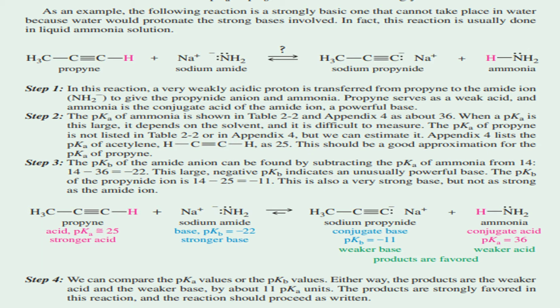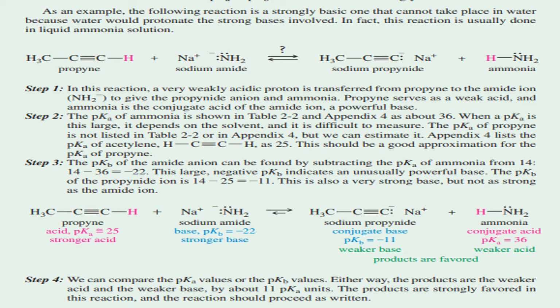When a pKa is this large, it depends on the solvent and it is difficult to measure. The pKa of propyne is not listed in the table, but we can estimate it. The table shows the pKa of acetylene as 25. This should be a good approximation of the pKa of propyne.